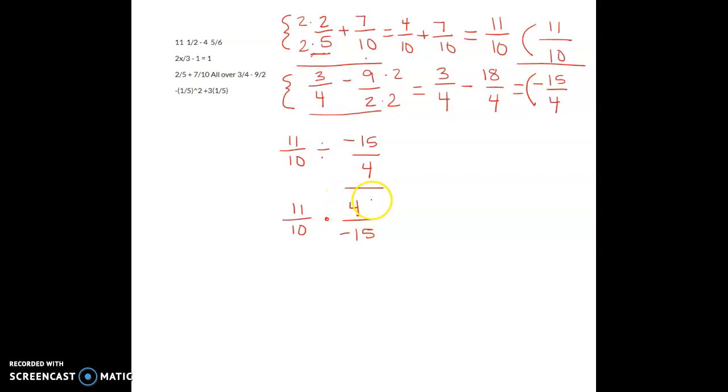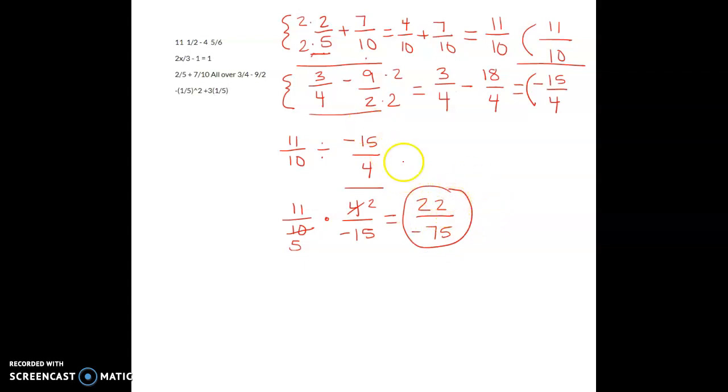I want to look, are there any numbers that will divide out of the top and out of the bottom? Well, 4 and 10, they're both even numbers, so that means 2 will divide out of both. So I'm going to divide 10 by 2, which is 5. 4 divided by 2 is 2, and then I multiply. So 11 times 2 is 22. 5 times negative 15 is negative 75. I want to see, are these going to simplify further? And these two aren't. So that's my final answer there.